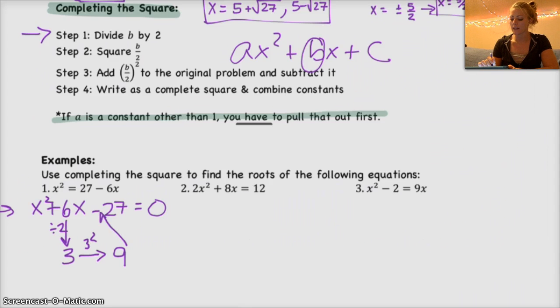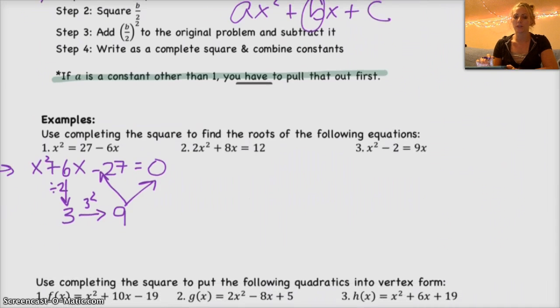So you add it in, but the problem is, if you add it in, you have to add it to both sides to keep it equal. So add 9 to the left and add 9 to the right. Or if you want to keep the left at 0, you have to add 9 to the left and subtract it out as well.